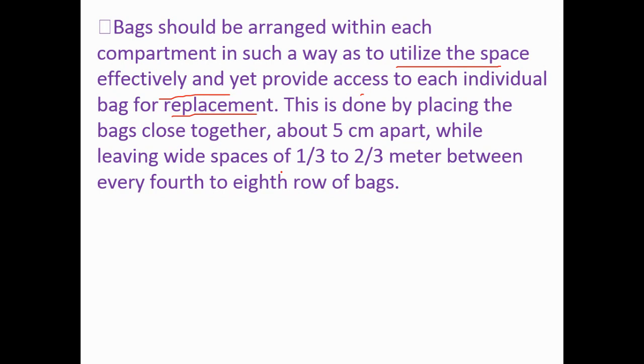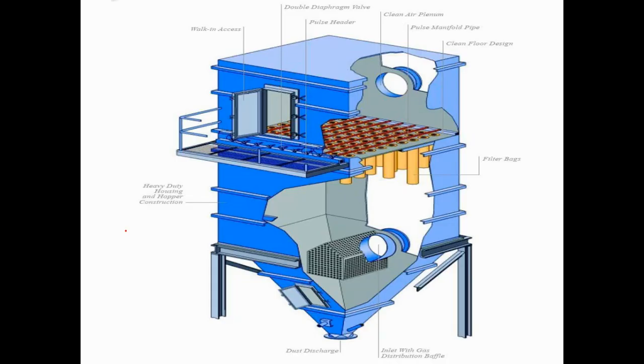While doing maintenance, you cannot stop the full bag filter or full unit. That's why small units are used: you can stop one unit while all other units keep operating, and remove one bag and replace it with a new one. That's why the small units are arranged in different ways, for easy maintenance and continuous operation.